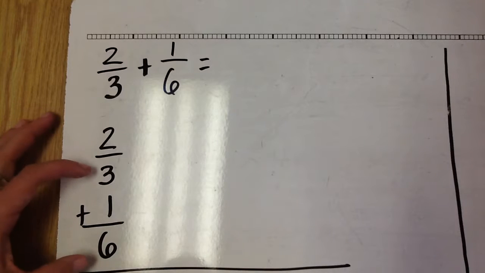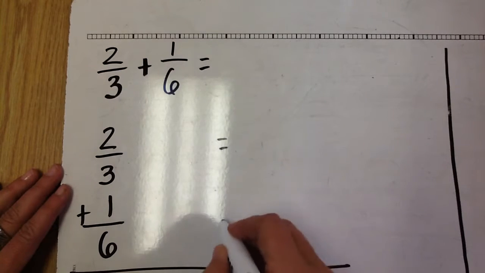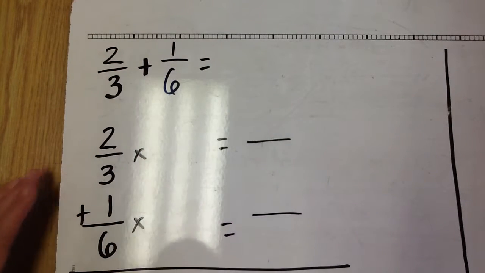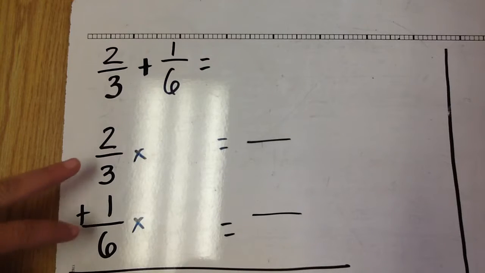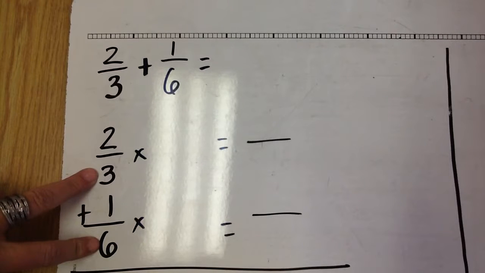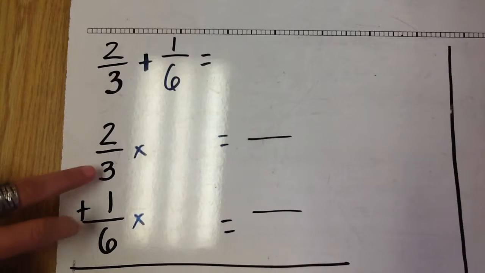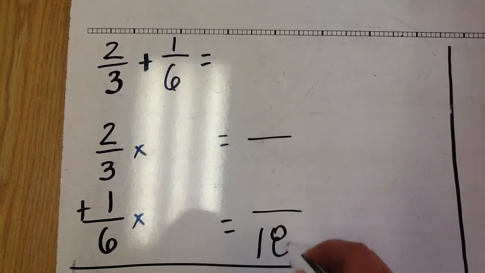And I can see that I don't have common denominators, so I need to go ahead and set it up so that I can find those equivalent fractions and make the same denominator, making the adding part easier. So I can use the strategy that I told you last time. I can just multiply the two denominators to get a common denominator. So if I multiply 3 times 6, that's going to give me 18.